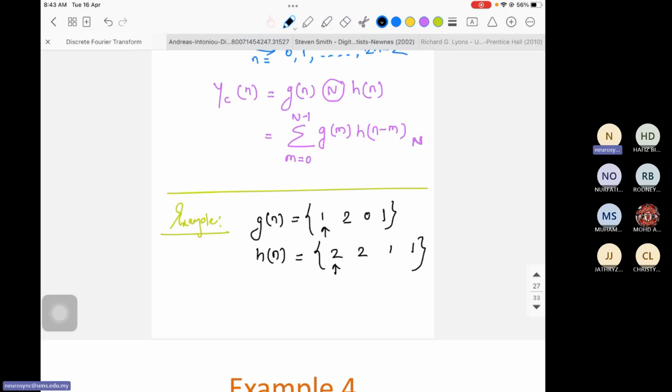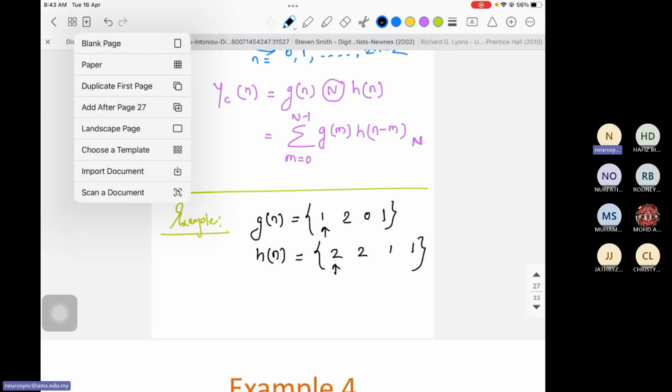Now suppose I want to find the circular convolution for this.